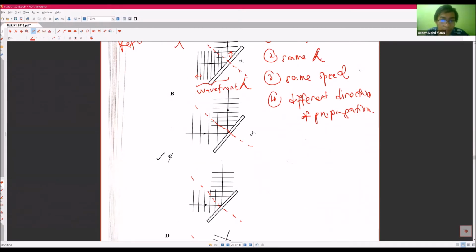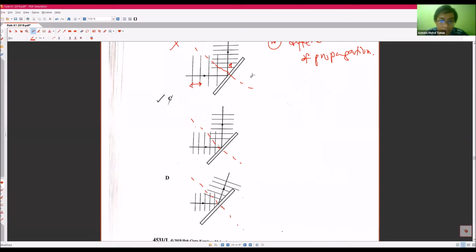B, again, if we assume the same frequency, let's check the wavelength. This is quite big, this is quite small, so this is a different wavelength as well, thus a different speed. So B is wrong. C, if you have a ruler, you can measure both of the wavelengths. If you assume the same frequency, these wavelengths are the same. So the speed is going to be the same, but the direction is different. So it's perpendicular.